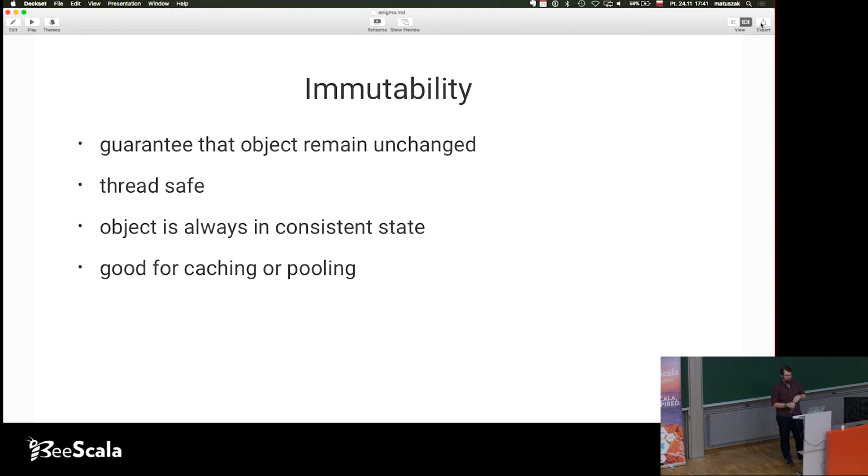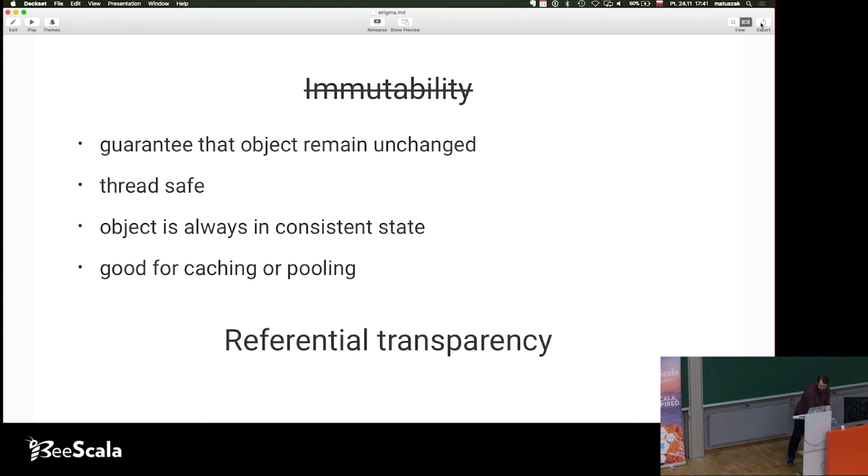You don't have this problem because nothing can change. And as it turns out, immutability is a consequence of referential transparency. So once you are doing purely functional programming, then immutability is like out of the box.